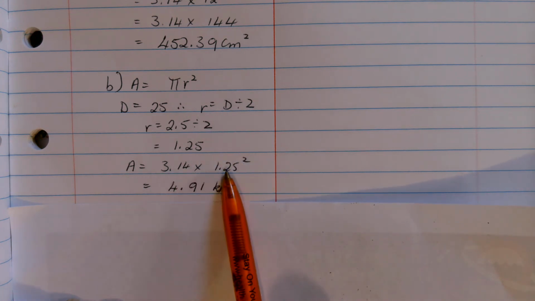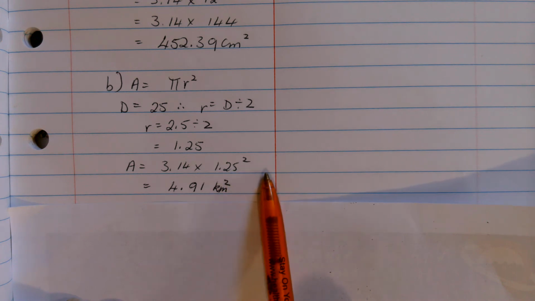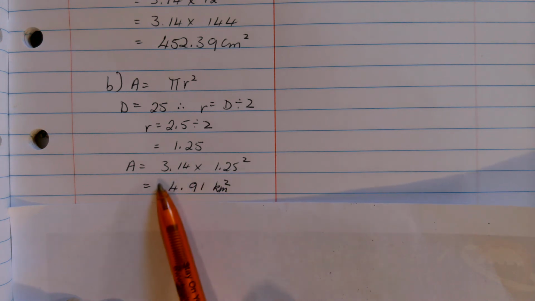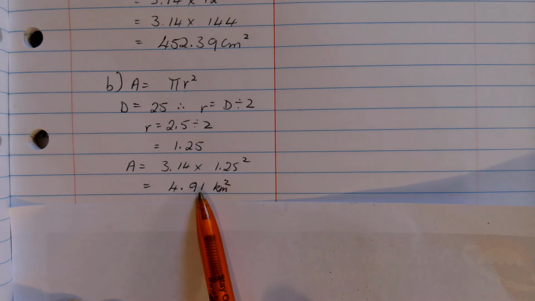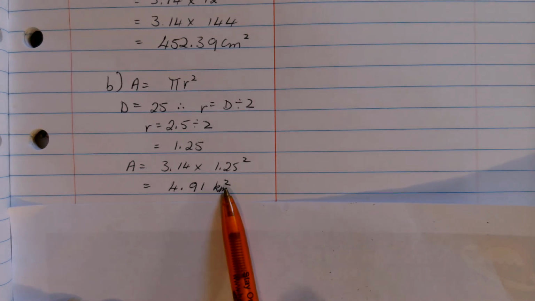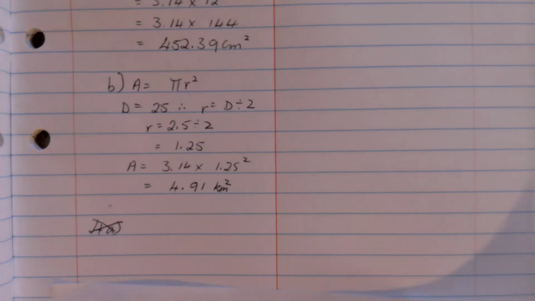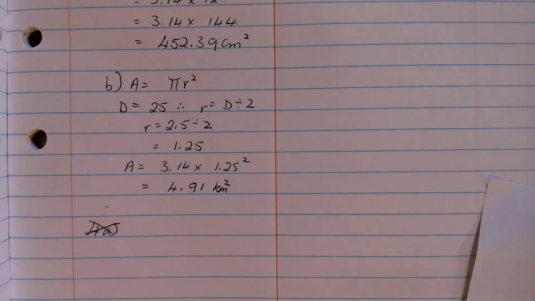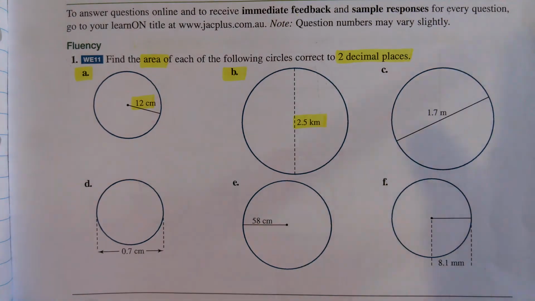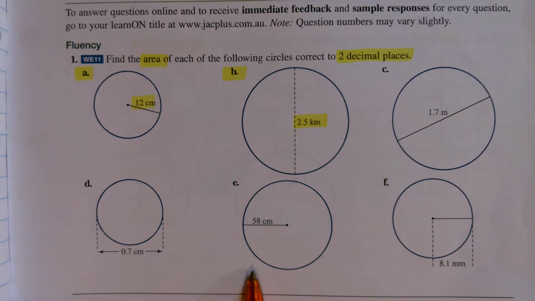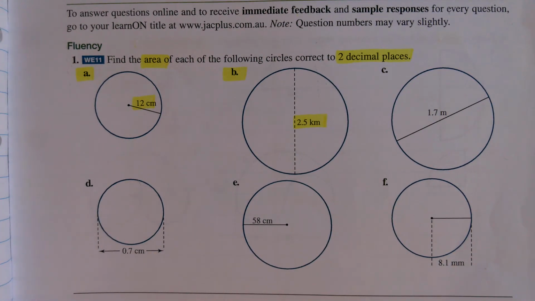So it would be 1.25 times 1.25. And the area in 2 decimal places with square kilometres as your answer. So pause and work on these other examples.